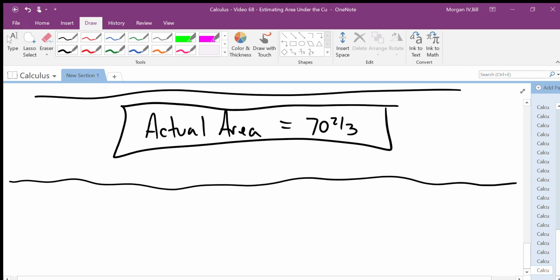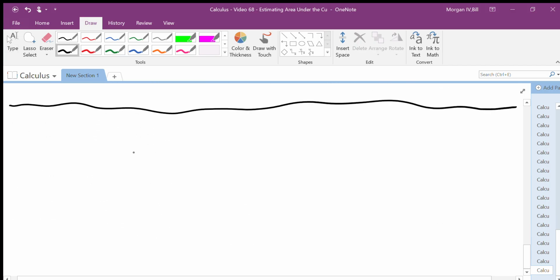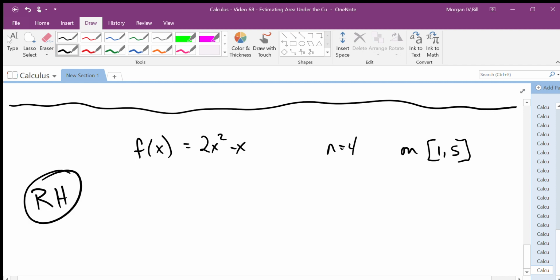So let's copy this down here. Our function was f of x equals 2x squared minus x. Our n is 4. We are on the interval from 1 to 5. And what I want to do is to be able to write that sum. I'll use right hand. I want to write that sum, 1 times f of 2 plus 1 times f of 3 plus 1 times f of 4 plus 1 times f of 5, in sigma notation.